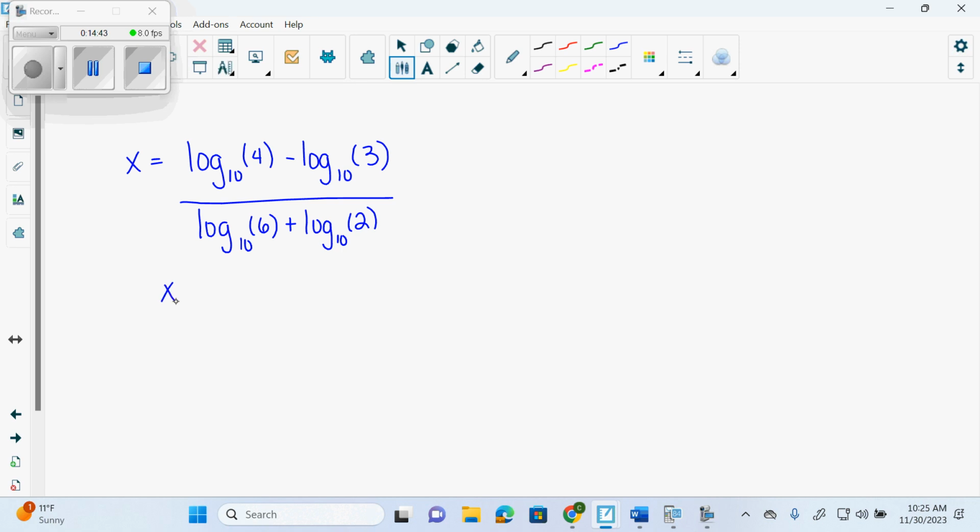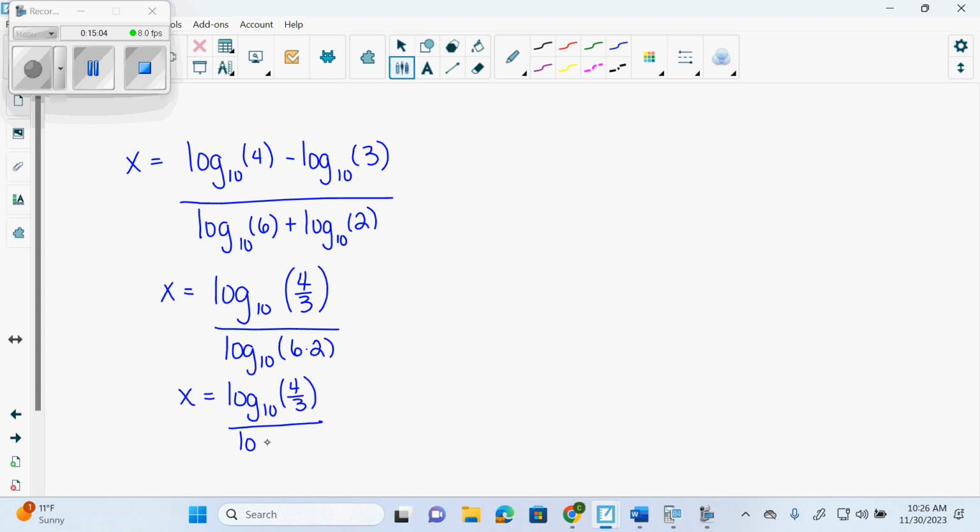So we're going to get x equals log base 10 of 4 over 3, because a minus makes it numerator and denominator. And then we get log base 10 of 6 times 2 which gets us log base 10 of 4/3 over log base 10 of 12. So the answer would be log base 12 of 4/3. What could be my other option? Or log base 1 over 12 and then 3/4.